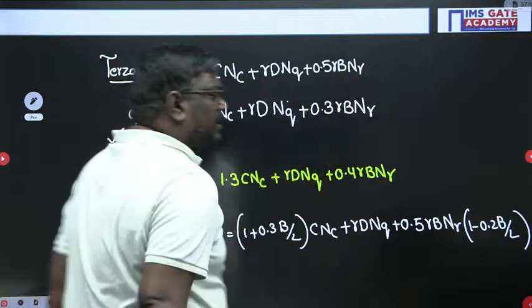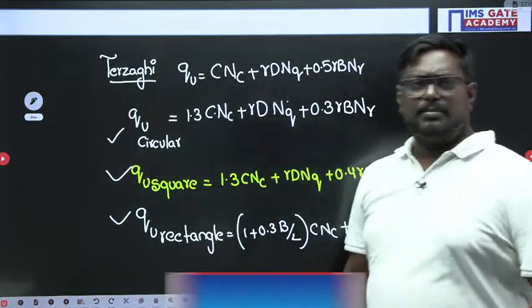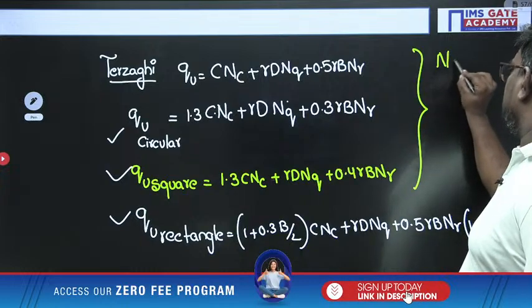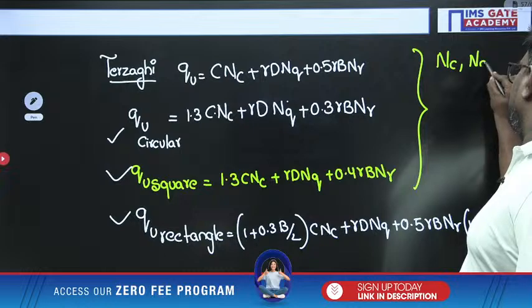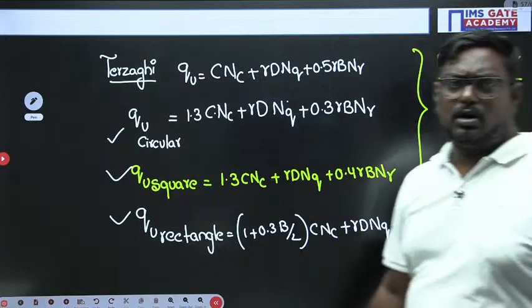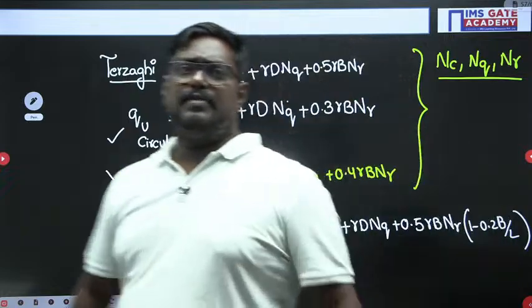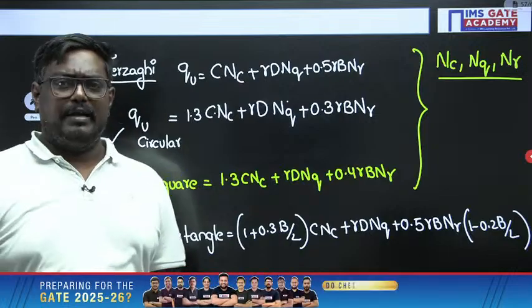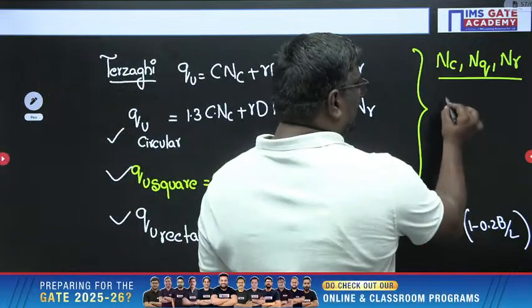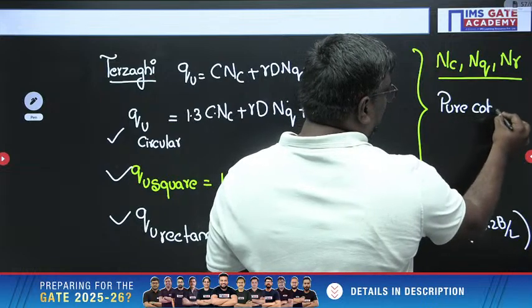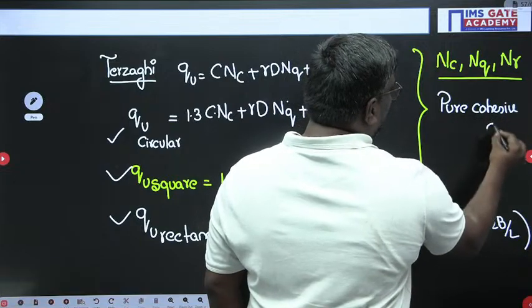And remember, my dear students, you should be very careful here. What are NC, NQ and N gamma? They are called the Terzaghi bearing capacity factors due to cohesion, surcharge and unit weight. Suppose they give you pure cohesive soil, which means phi is equal to 0.